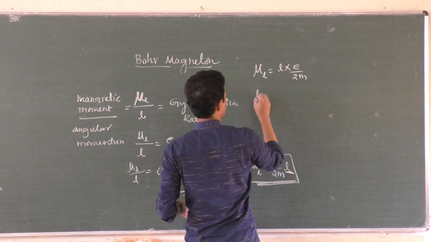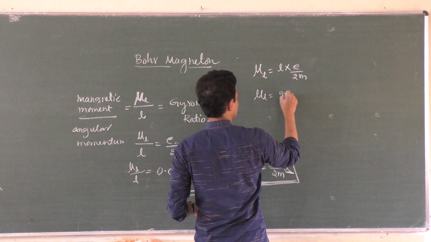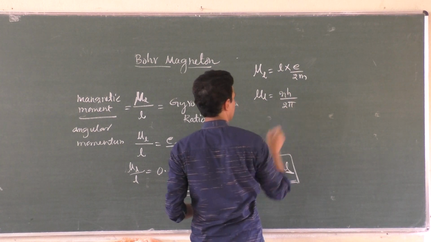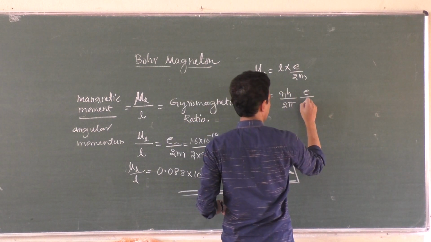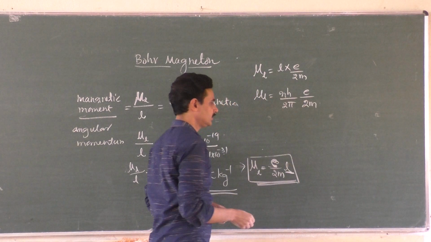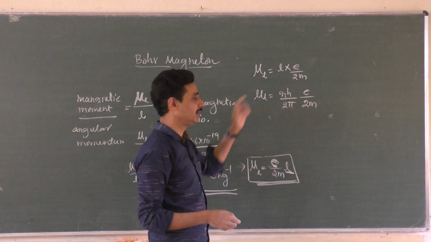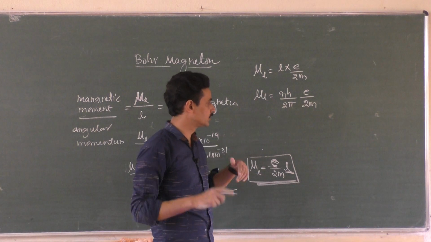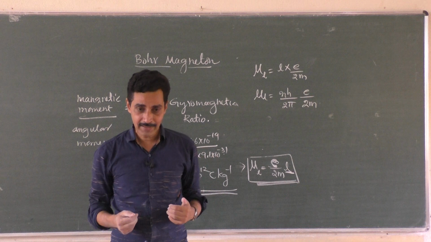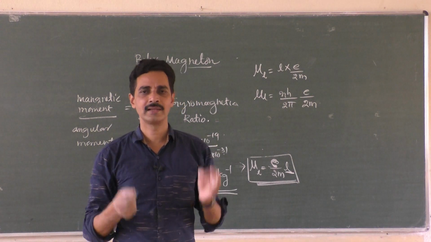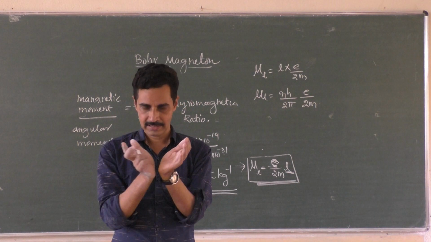Substitute for L, if the electron is satisfying Bohr's quantization rule, nh by 2 pi, into e by 2m. Now this is the magnetic moment of electron in any orbit. Put n equal to 1, it is in the first orbit. Put n equal to 2, it is in the next orbit. Now apply this to the simplest atom in Bohr's model, that is the hydrogen atom.